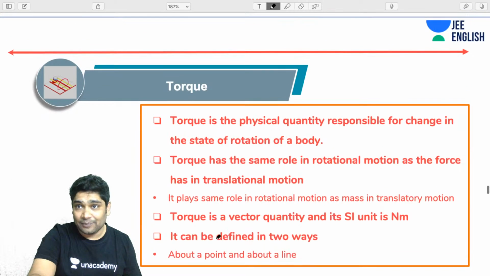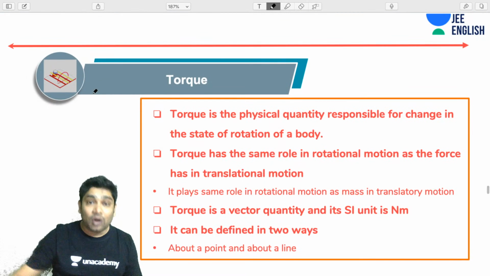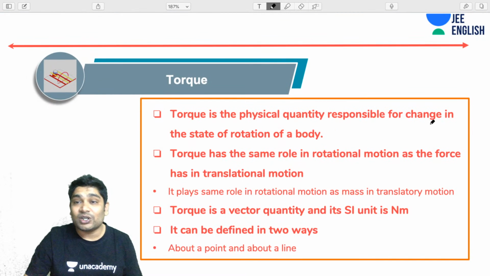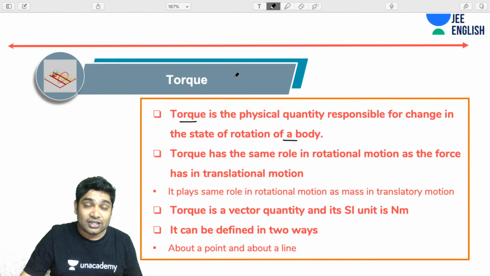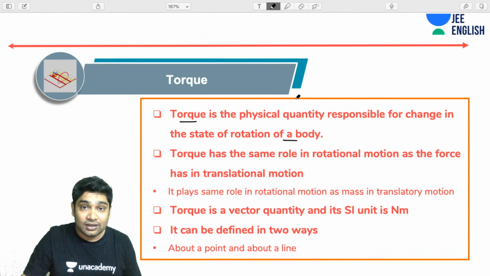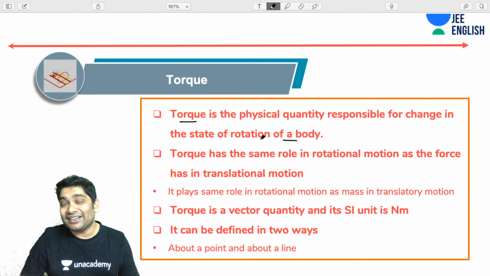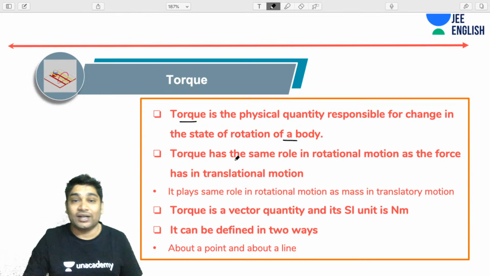So what is torque? Torque is a physical quantity responsible for change in state of rotation of a body. Just like force was something which is responsible for producing a change in state of translation or state of motion, this is what will change the state of rotation. Okay, this is that physical quantity.